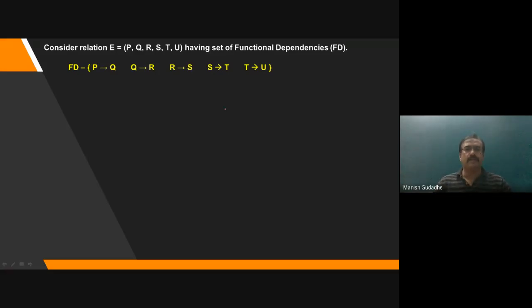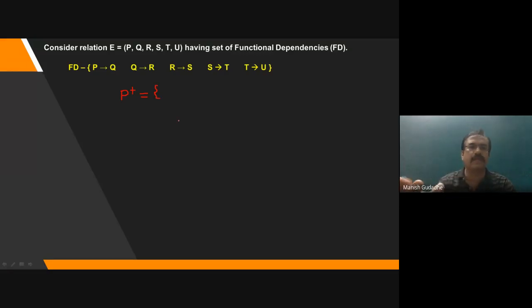Let us say that if I am trying to find out a closure of P, it will be denoted as P plus. Okay, a superscript will be there for plus. So there will be a set of attributes P plus. What will be P plus? Or what will be X plus for that case?